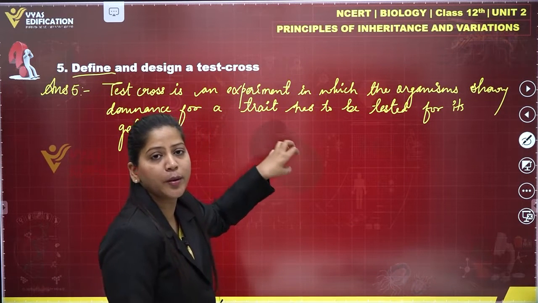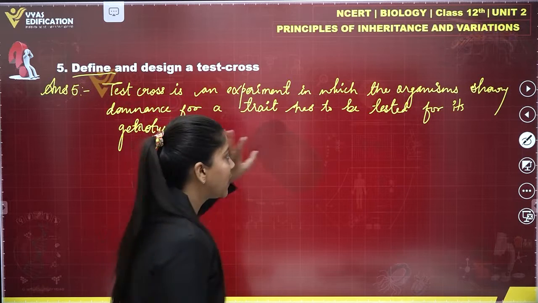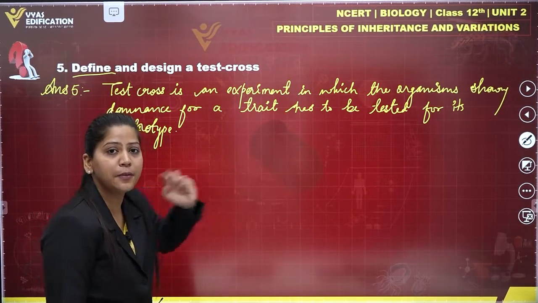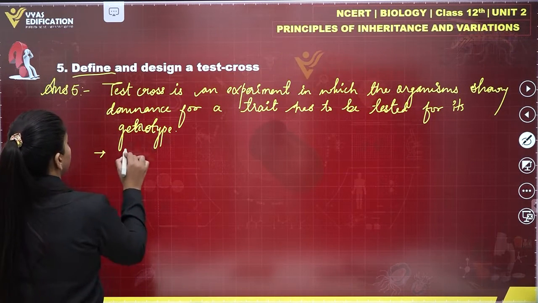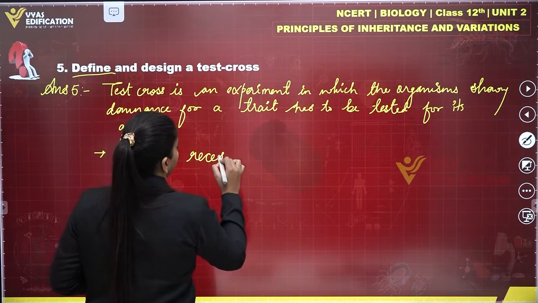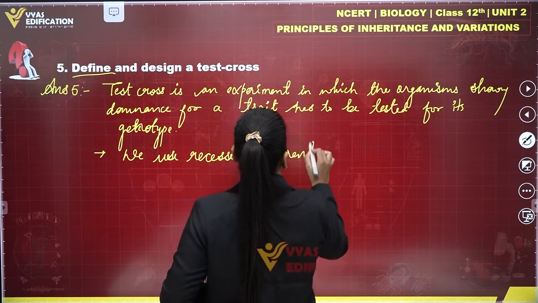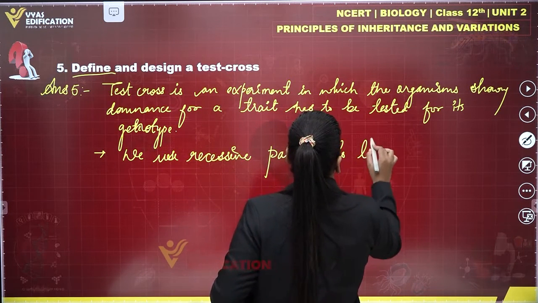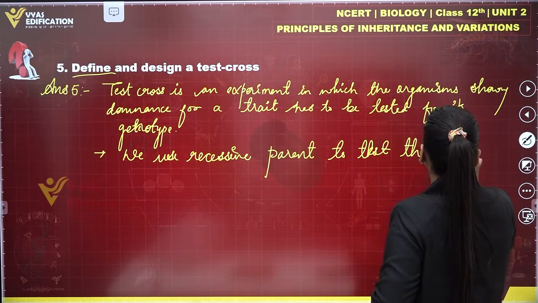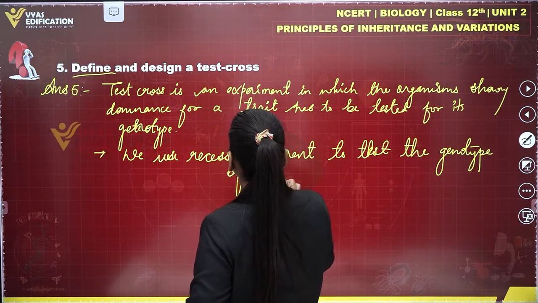To test the genotype of that organism, we use the test cross as an experiment, and we use a recessive parent to test the genotype of an organism.